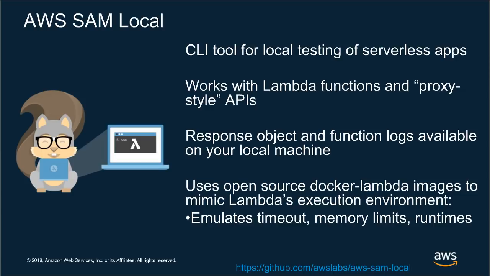One of the things that we launched last summer that goes along with this is a tool called SAM Local. Now, SAM Local allows you to build and test your serverless applications locally on your laptop or a development workstation.